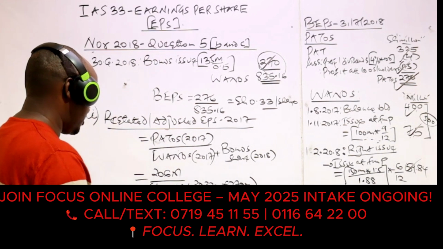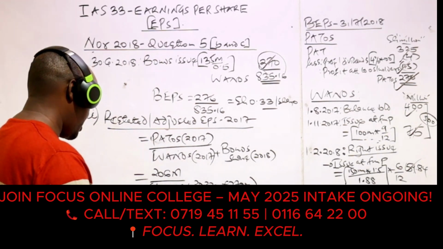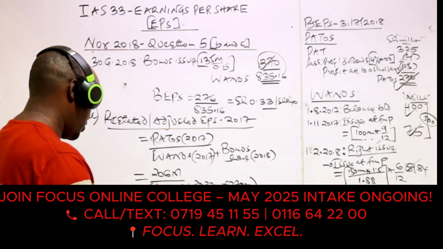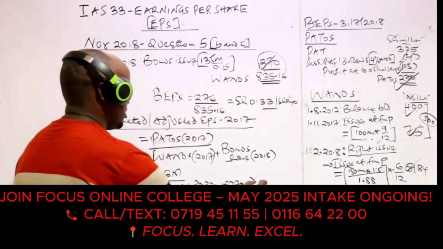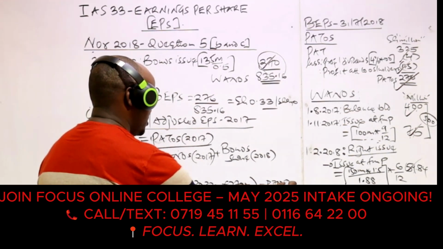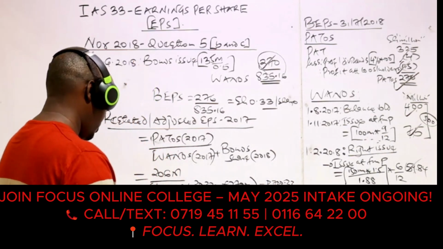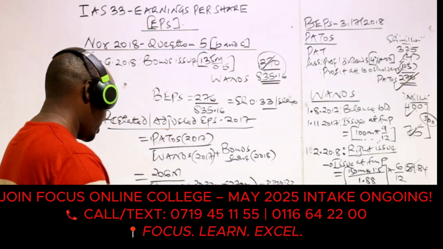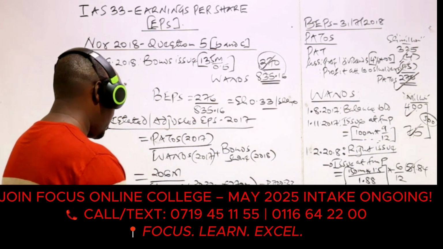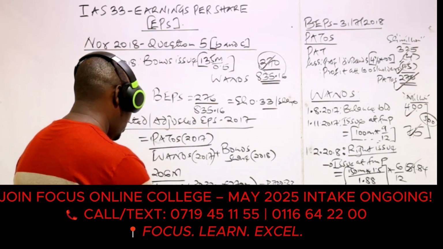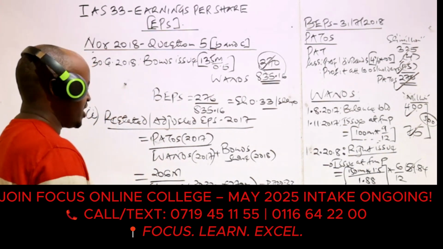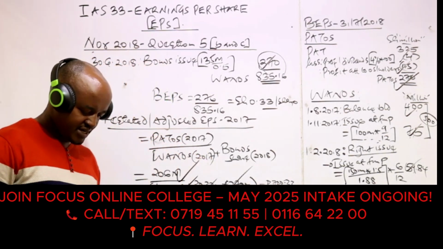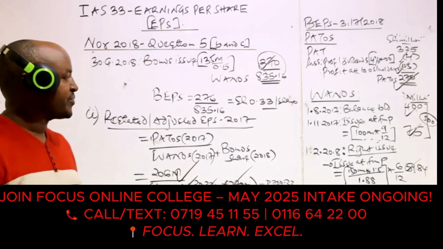Let's first of all compute the denominator as 400 plus 270 plus 30.32 which will give us 700.32. So we have 206 divided by 700.32, which will give us shillings 0.294. Yes. So basically that's how we compute that restated earnings per share for the year 2017.